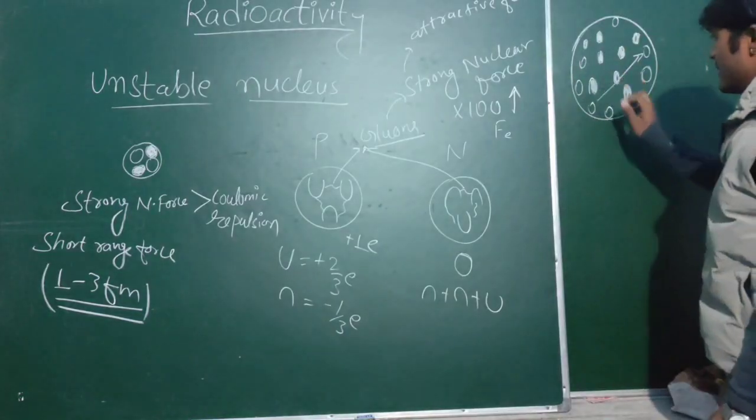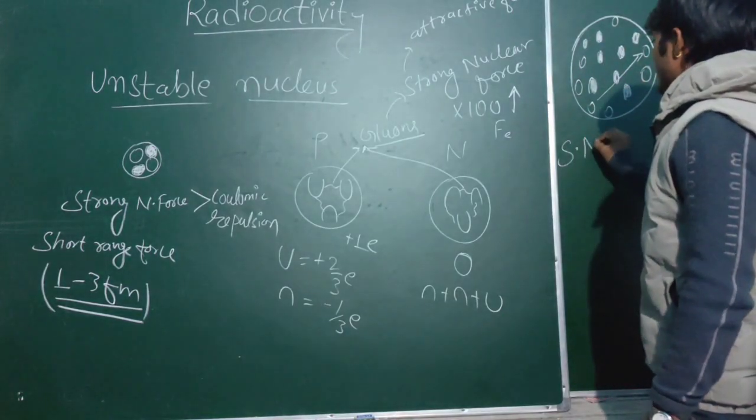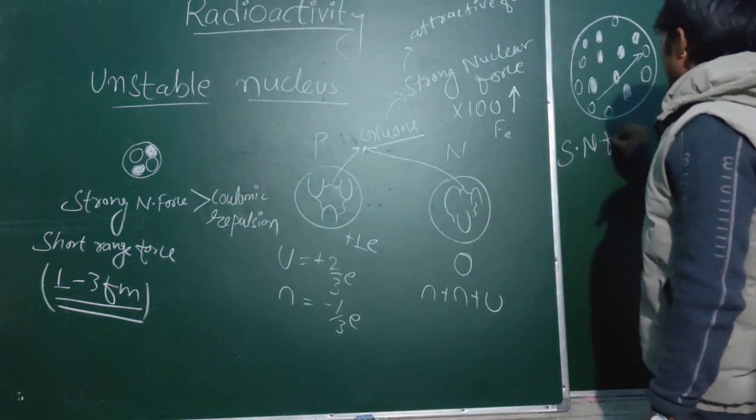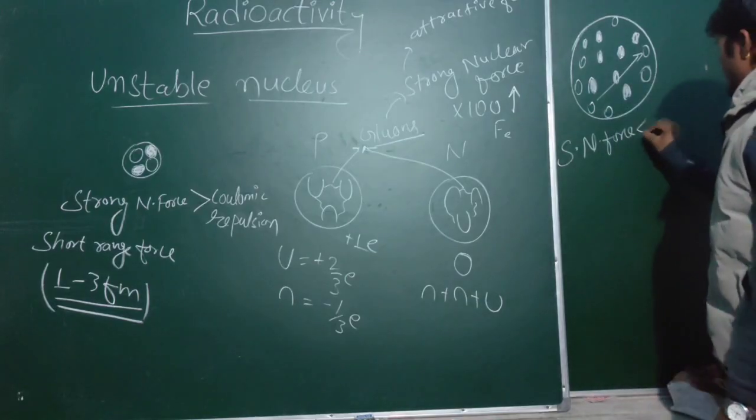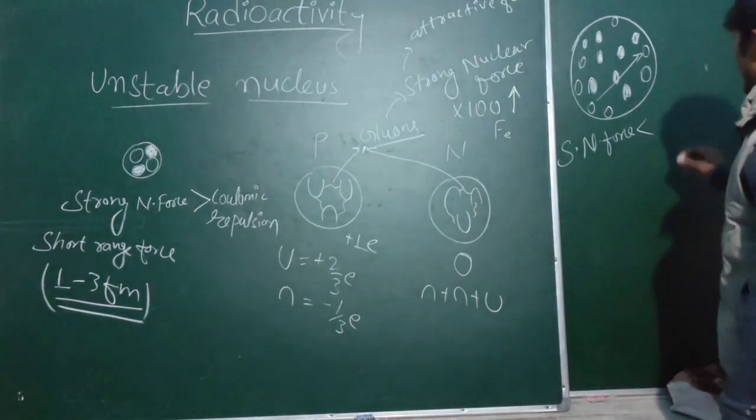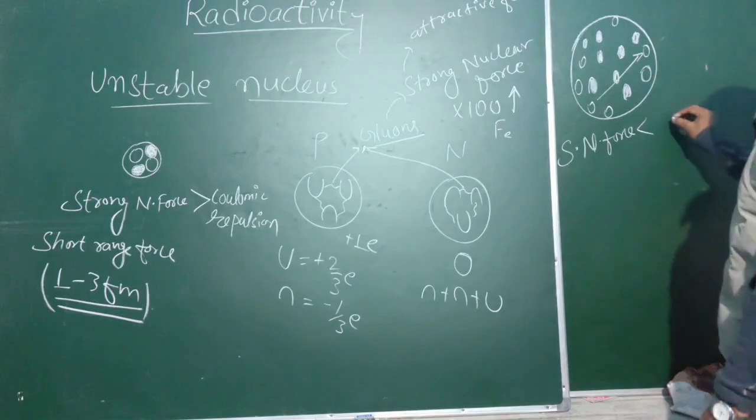So for the larger size atom, the strong nuclear force becomes ineffective in a way, and coulombic repulsion is in charge.